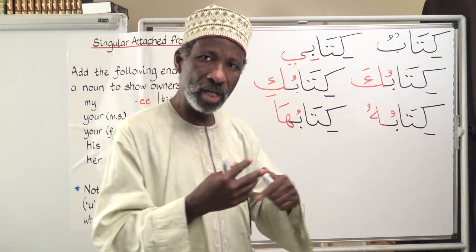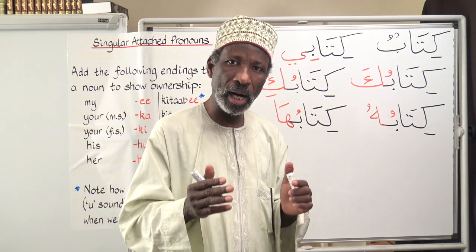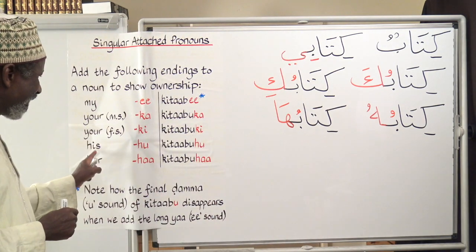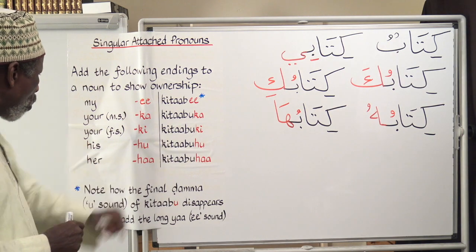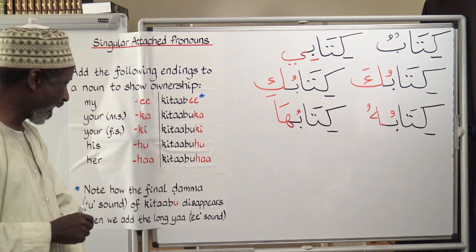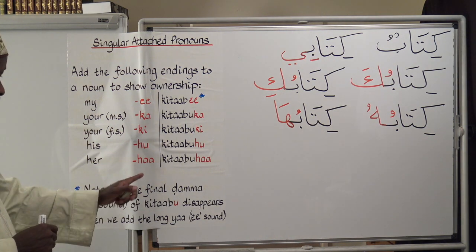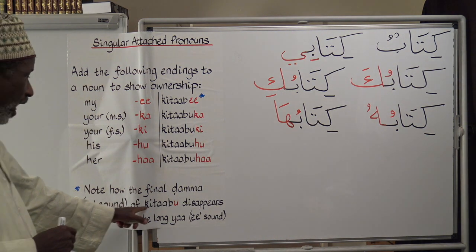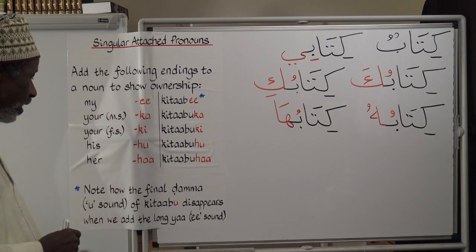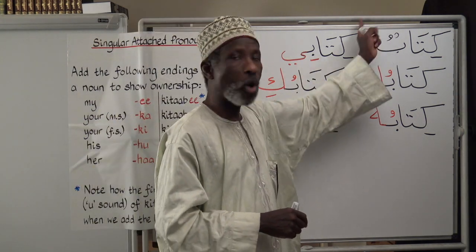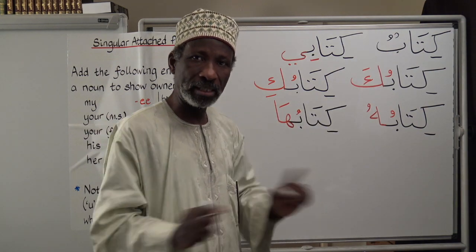There are other rules going on, but let's take one step at a time. So here we have his, hu ending, kitabuhu, and her, ha ending, kitabuha. I just gave you a note here. The final dhamma, the u sound of kitabu, disappears when we add the long e. This is the only place where the original u just disappeared.